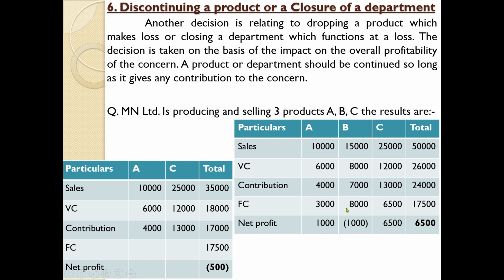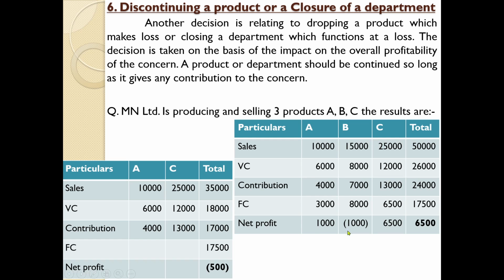At a mere glance of the first statement, you can see that the business has earned a profit of 6,500. So if they remove B, they will earn 7,500. But in the detailed analysis, we found that if we remove B, the business will suffer a loss of rupees 500.